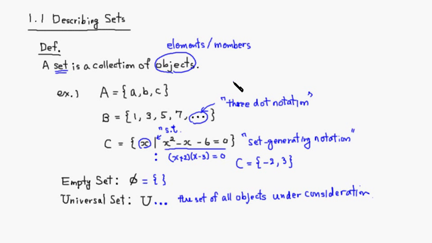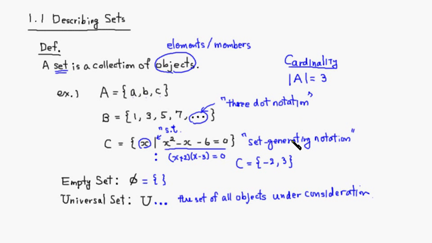All right, and another thing we need to know is cardinality. For a finite set, cardinality is exactly the same thing as the number of elements. The notation is the cardinality of, for example, set A. Since we have 1, 2, 3 elements, the cardinality is 3.